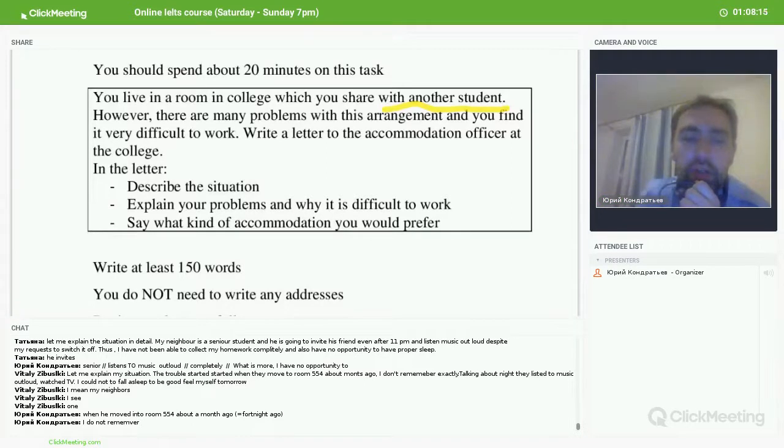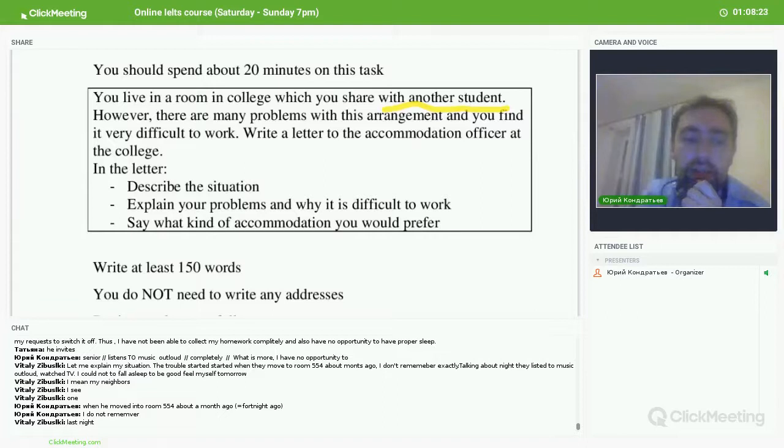Okay, I could not. You can use present simple because it happens regularly, yes? Every night, like this, every night they listen to loud music and watch TV.